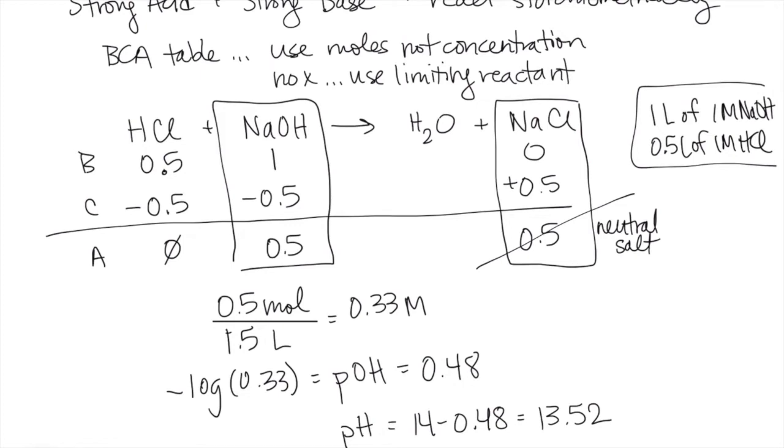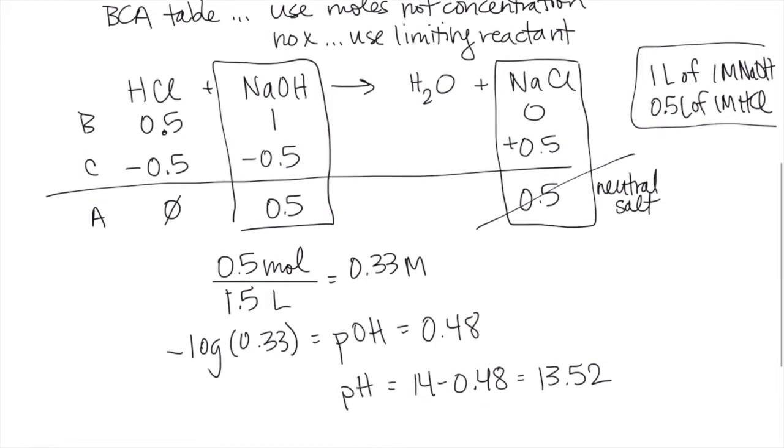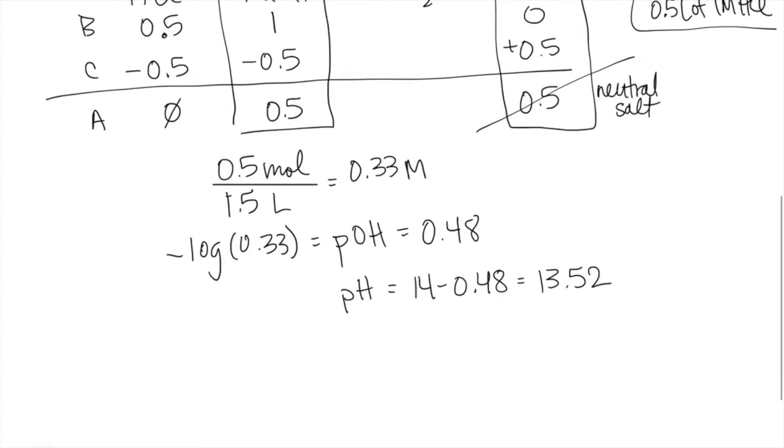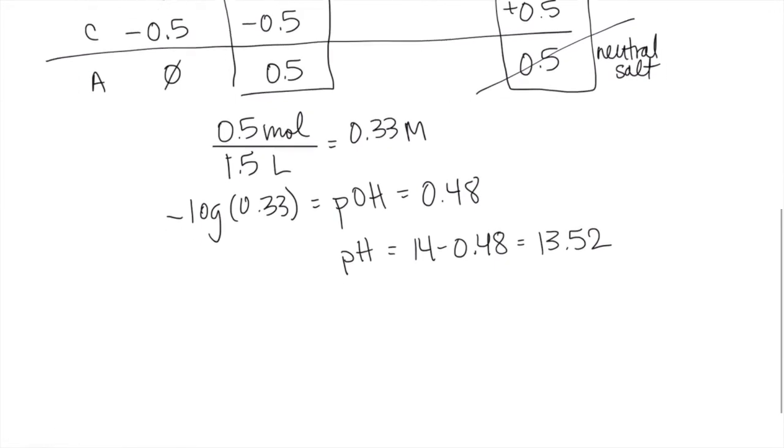First thing I had to do is figure out what reaction is happening. Second thing, use my BCA table to figure out how much of what stuff is going to be left over at the end. And then third thing, use my brain to see which of those things I have to pay attention to.